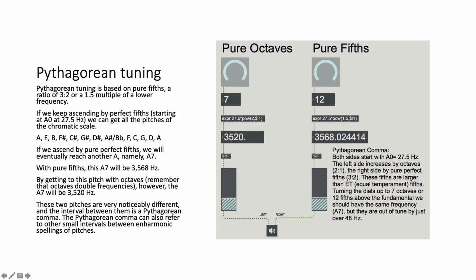The two pitches are noticeably different, and the interval between them is the Pythagorean comma. The Pythagorean comma can also refer to other small intervals between enharmonic spellings. The difference between these two frequencies is 48 hertz, which is quite a noticeable difference.